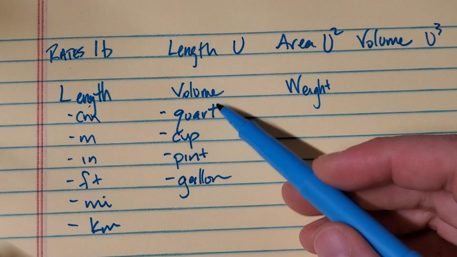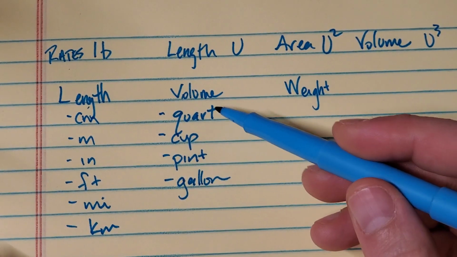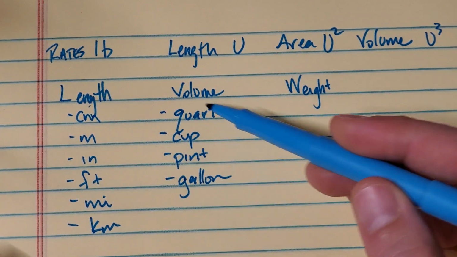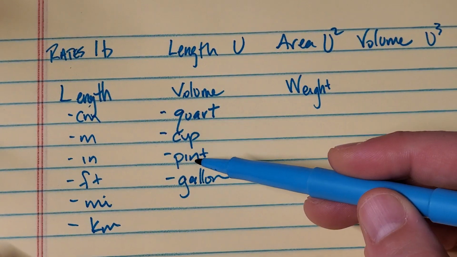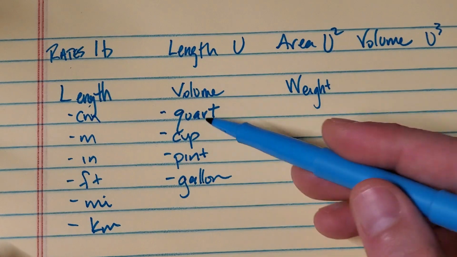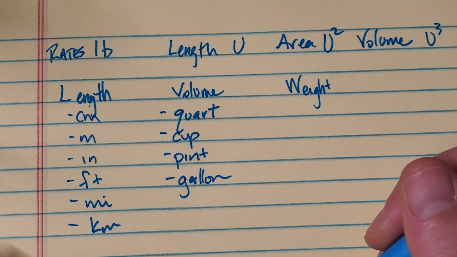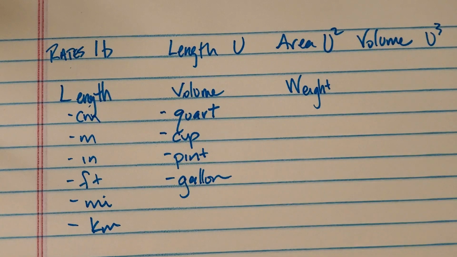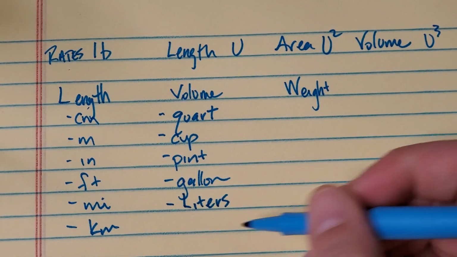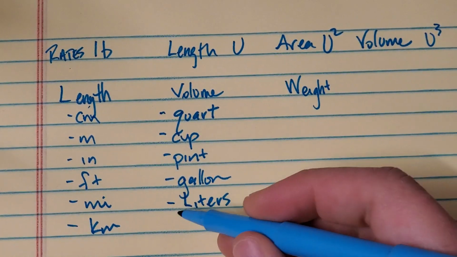Okay, on the first page of the grid, there's a graphic there. It looks like a robot that helps you to see how many cups are in a pint, how many pints are in a gallon, in a quart, and how many quarts are in a gallon. If you look at that, it will kind of help you with that. All right, but some other units for volume could be liters, which we don't use a lot of, but that's the size of water bottle I always use, liters.